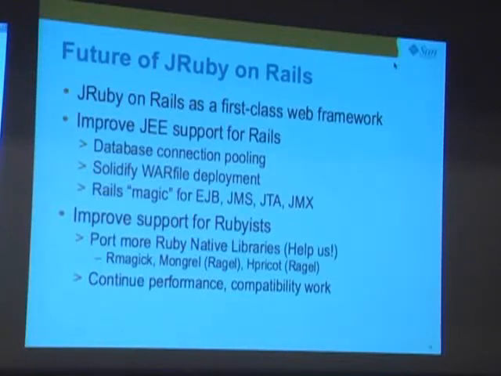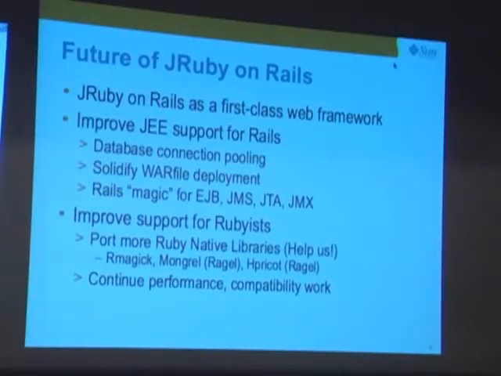We want to improve Java EE support for Rails, make the connection pooling work well, make WAR file deployment work better and easier to use, and also add in the Rails magic for all of the different Java EE libraries to make them feel more like Ruby.